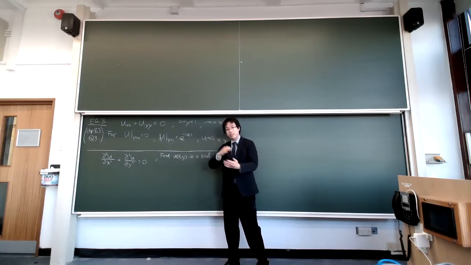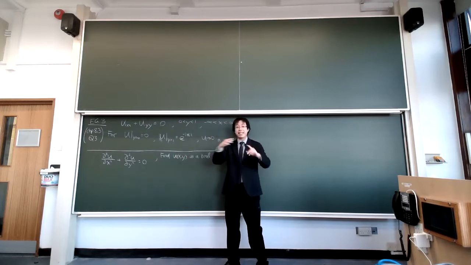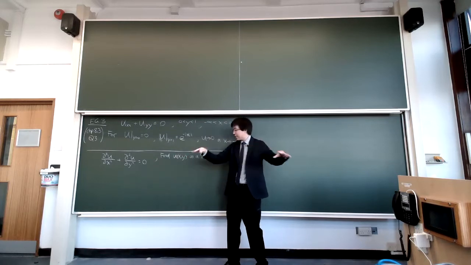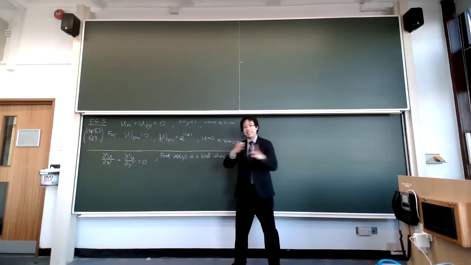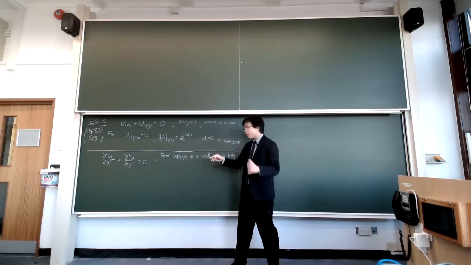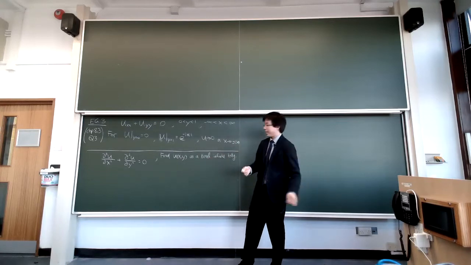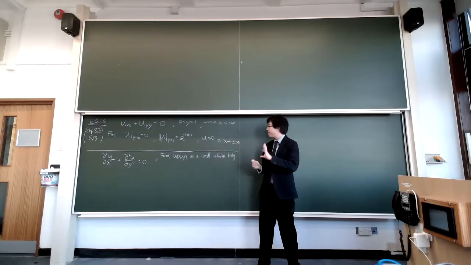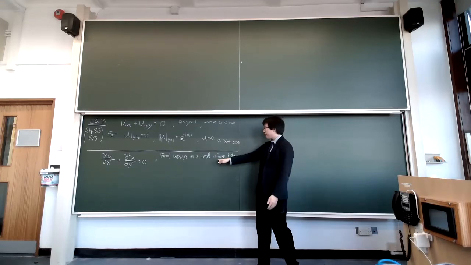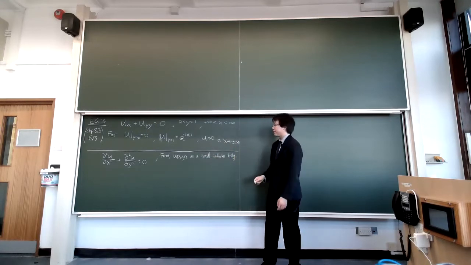U of x, y, we will plug in x and y, so the domain is not just the real number line, but the real plane. You can write it out, but we expect it as an integral, okay? It's also an infinite integral, so you expect the limits to be from minus infinity to infinity, but you also want it to be real, so you don't want any complex numbers in it.